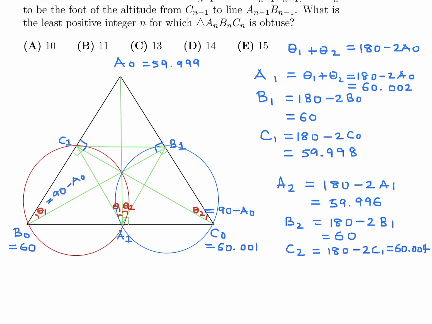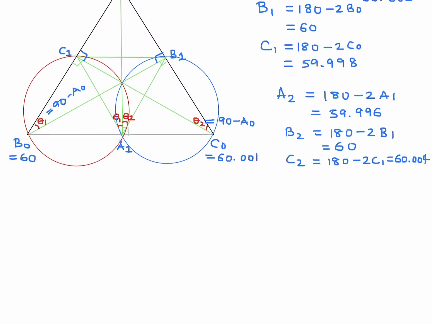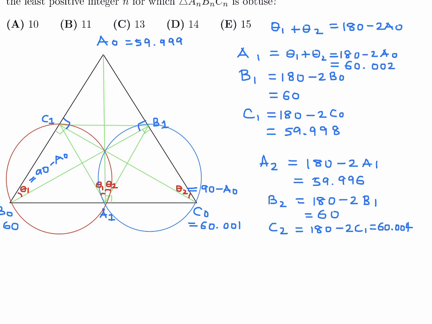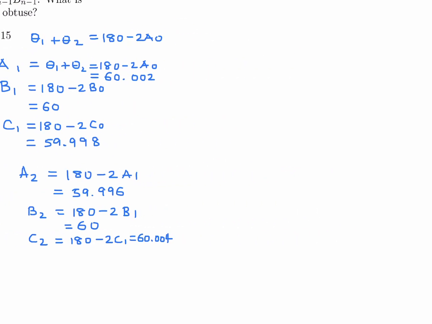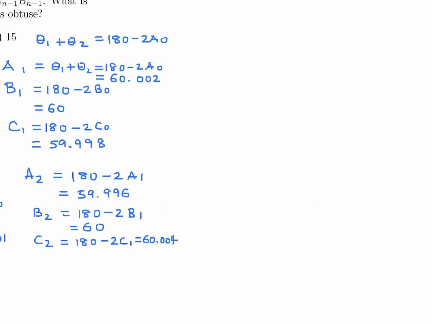Okay, so at this point, I hope you can see some sort of a pattern. If you can't, that's okay. I will just make a little table here. We've got n, which could be 1 or 2 and so on. And then we've got our angles. So for example, for 1, it's A1, B1, and C1. And then what is the largest angle?